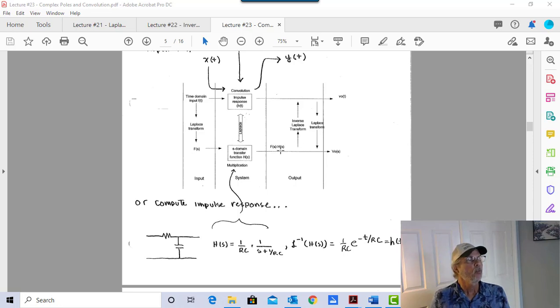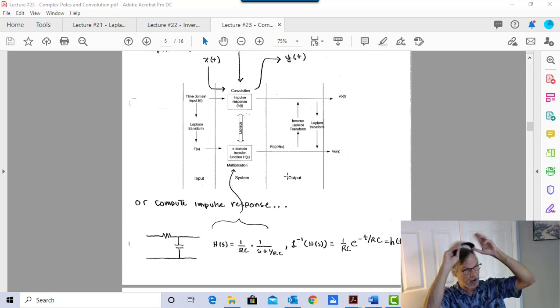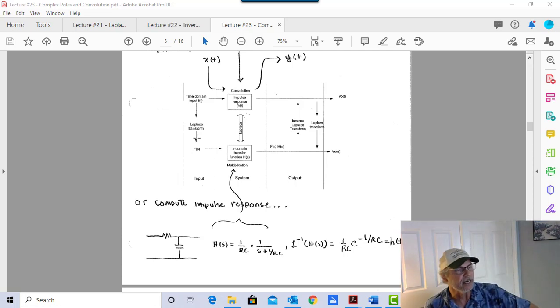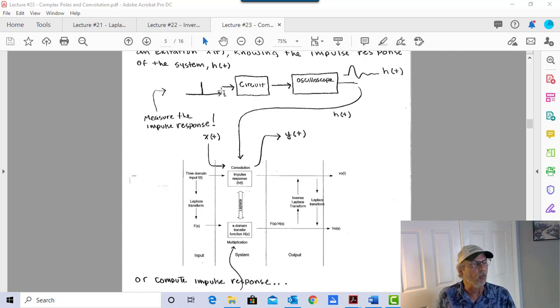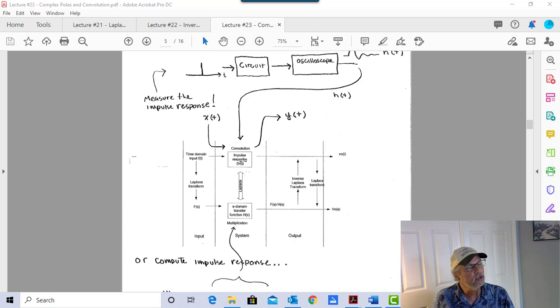So we are used to getting the transfer function of circuits by looking at the circuit and doing the analysis. What if the circuit was a big black box? Well, let's give it a whack. Let's get the impulse response. Let's compute the Laplace transform of the impulse response. And we just got our transfer function.